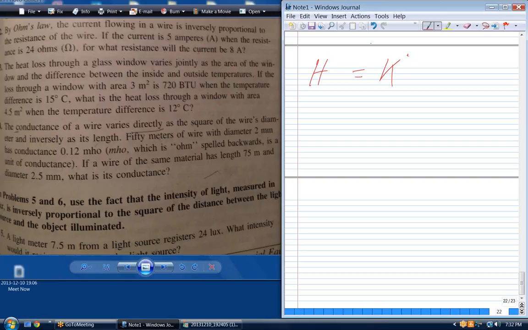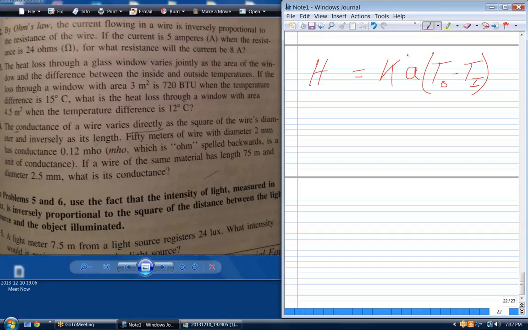Okay, so one of the variables is the area of the window. What's the other variable? The other one would be the difference between the inside and outside temperature. Just like that.